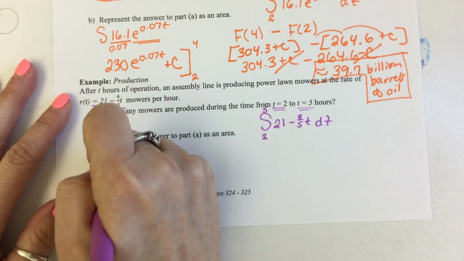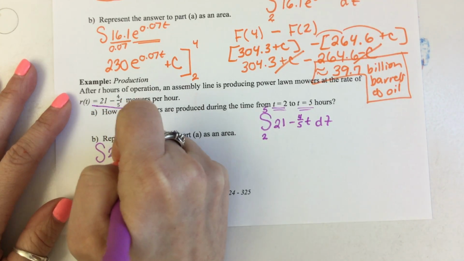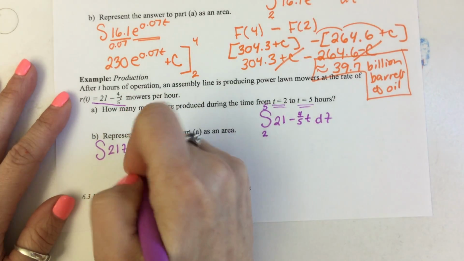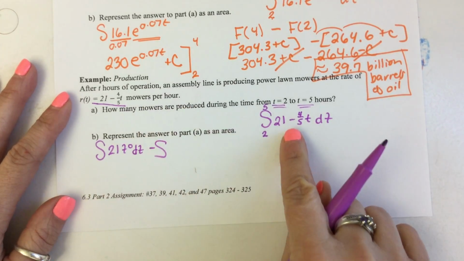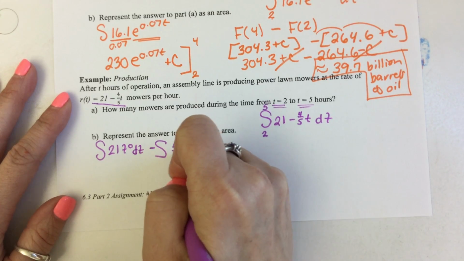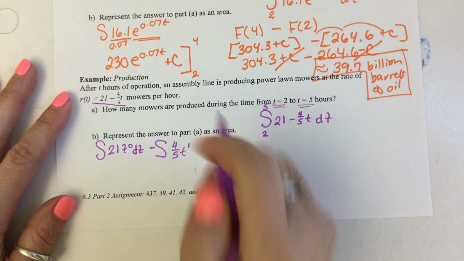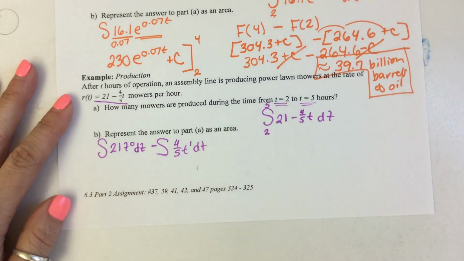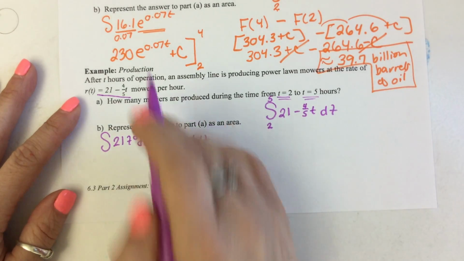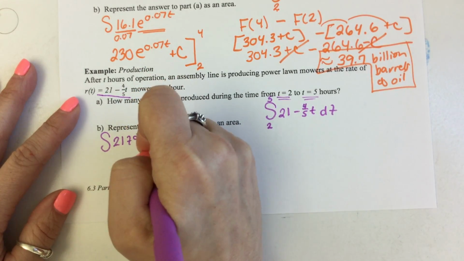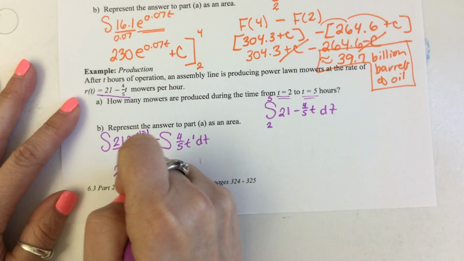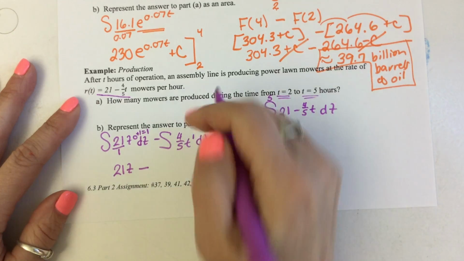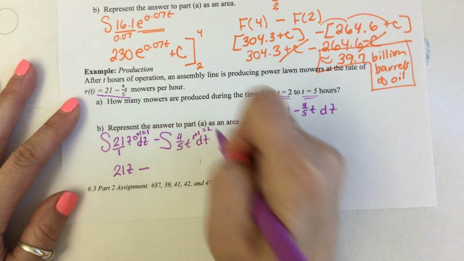Now we find the antiderivative. So 21, there are no variables, so I'm putting t to the power 0 dt, minus, because it's a minus sign, 4/5 t, I'm going to put a 1 there, dt. Now if I find the antiderivative, this is a 0. So if I add 1, this equals 1. 21 divided by 1 is 21t, minus, if I add 1, this is a 2.